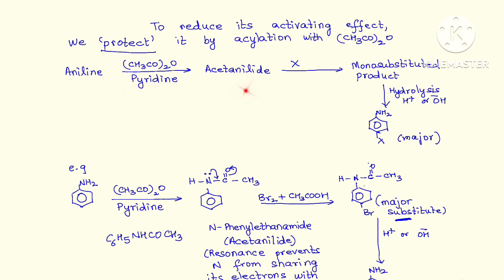We get acetanilide. Carry out its substitution with any agent. So supposing you want to carry out bromination, chlorination, you get the mono-substituted product where the para-substituted is in the major amount, followed by hydrolysis to re-release the NH2 group and get the mono-substituted product.